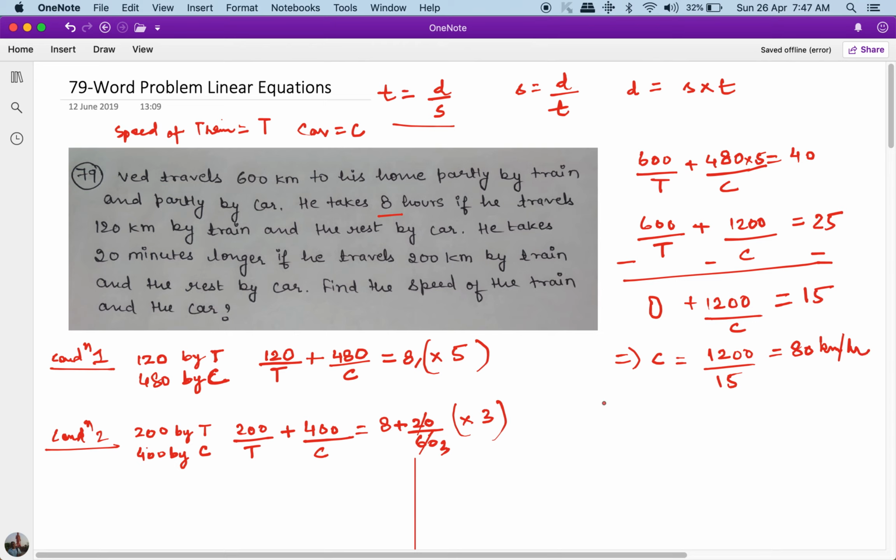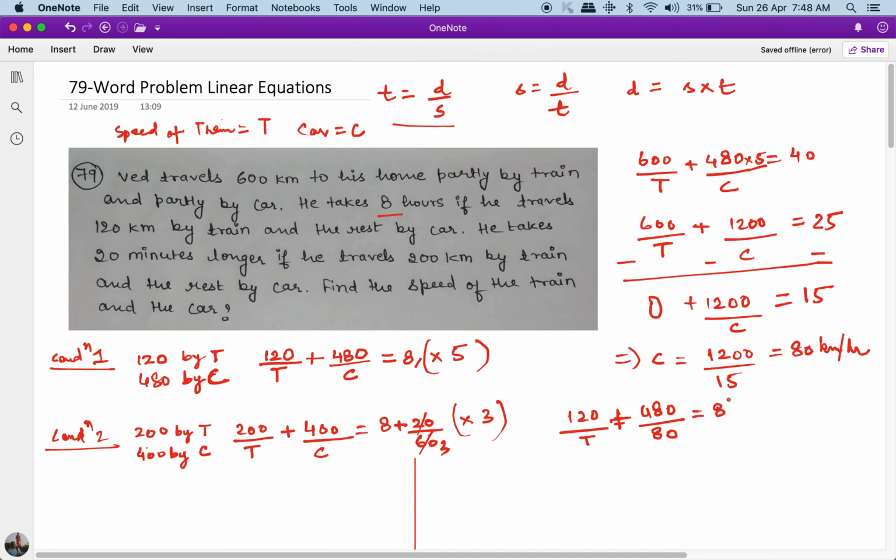And what is the speed of the train? So let's put that in the first equation. I get 120 by t plus 480 by c is equal to 8. Now what is the value of c? It is 80.